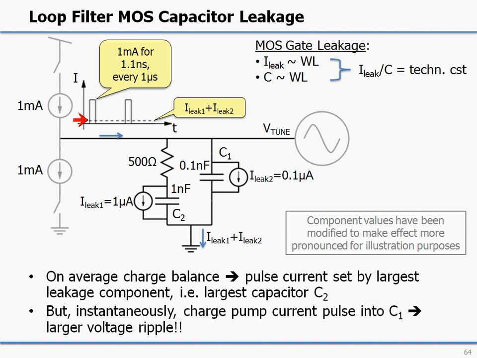Now, the problem with the fact that this is so impulsive is that these impulses will not go into this branch, but would rather choose to go into this capacitive branch. Moreover, the size of these impulses is set by leakage that is set by a much larger capacitor than the filtering capacitor that we will have available to filter these pulses here.